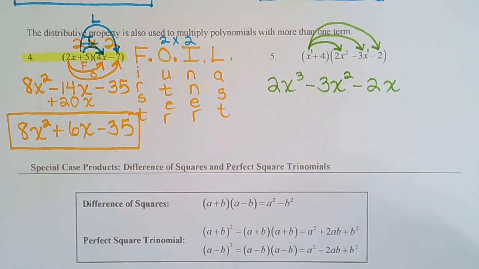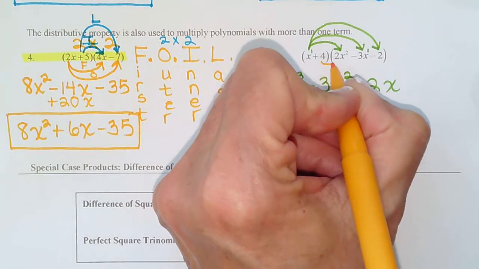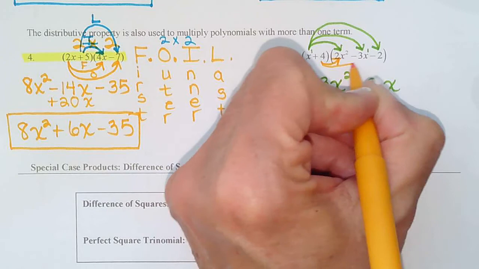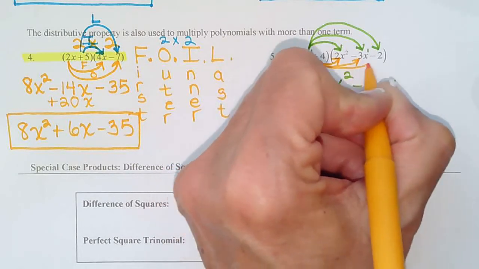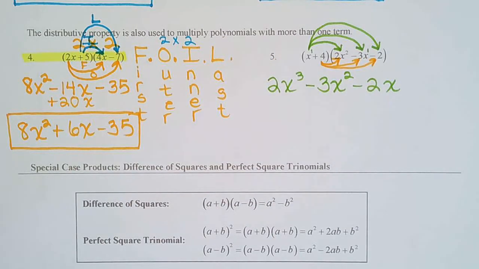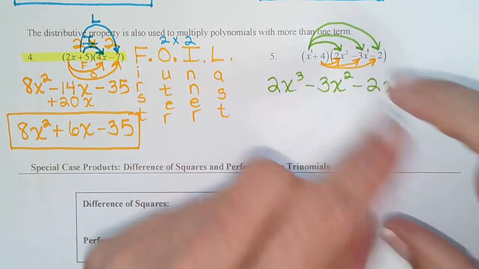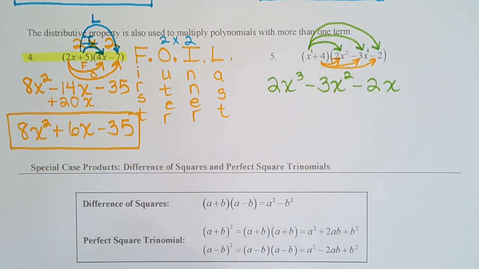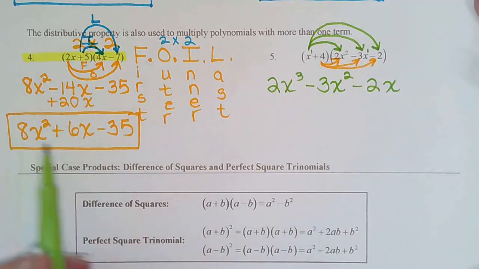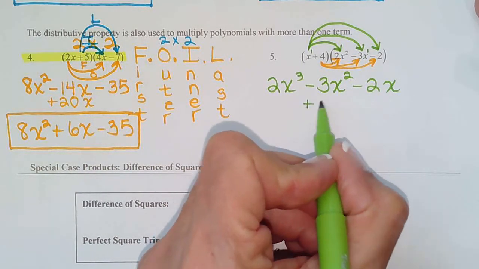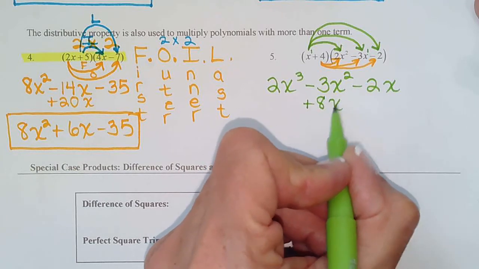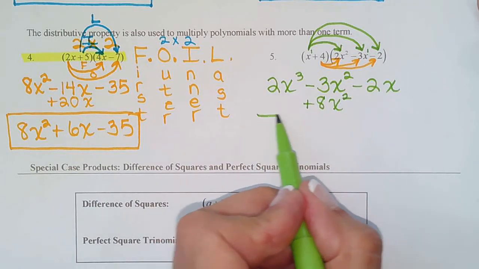Now we take the 4 and multiply it by everything in the second parenthesis. So we have positive 4 times positive 2x squared, that'd be plus 8x squared. And just like we did over here, line up your like terms. It makes them so much easier to add later on.